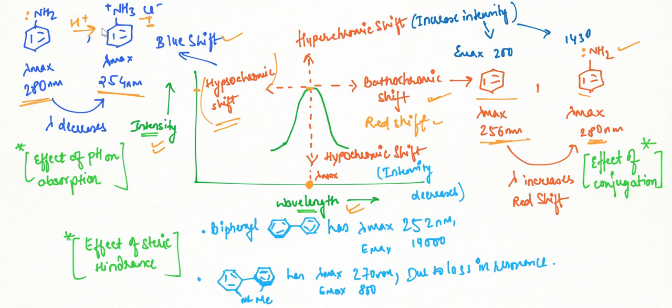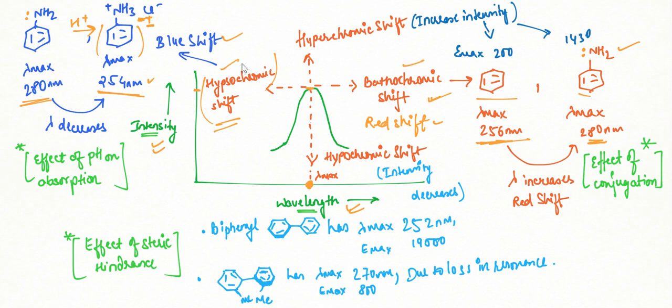So even if you compare the quaternary salt of aniline and benzene, you will see their wavelengths are almost similar, even though benzene has a greater wavelength, 256 nanometer, than the quaternary salt of aniline, 254 nanometer. Basically, because of the removal of resonance as well as the presence of minus I effect, this has become even less of a conjugation as compared to benzene. All right, so these were bathochromic shift and hypsochromic shift.